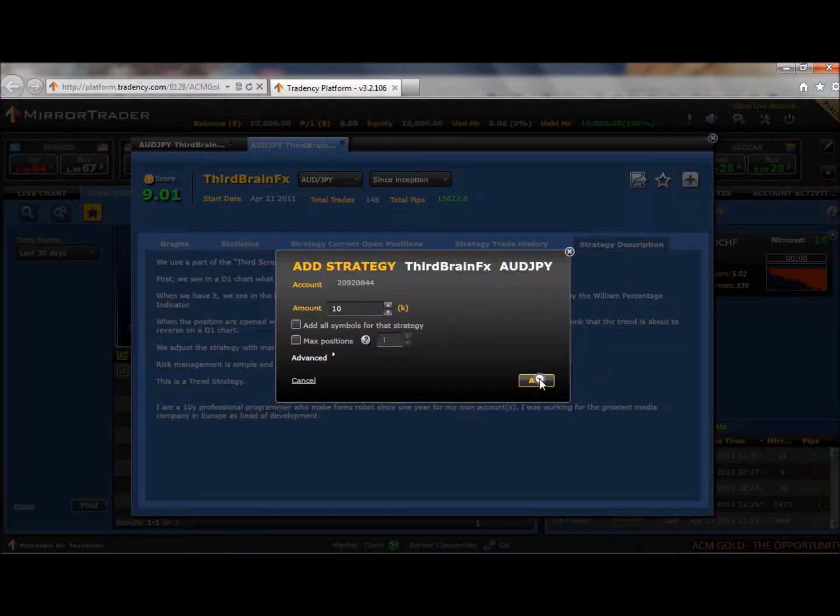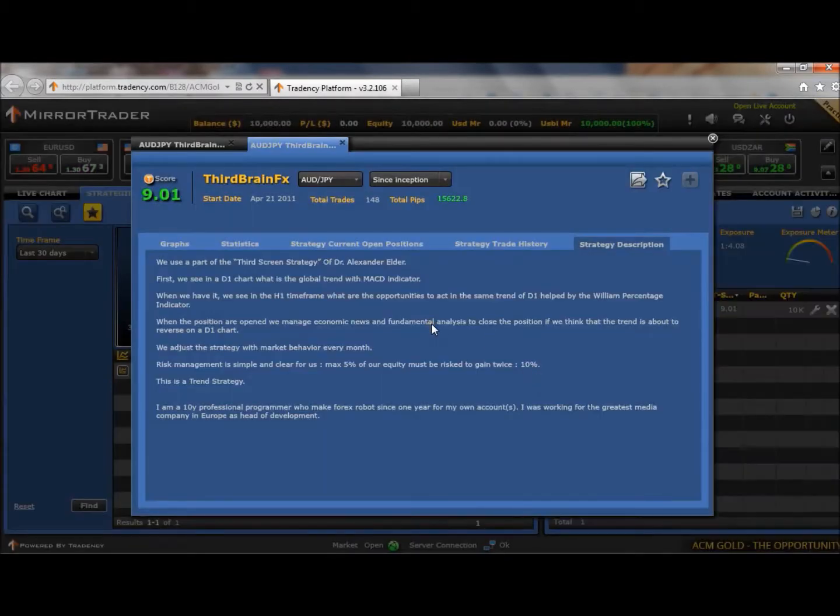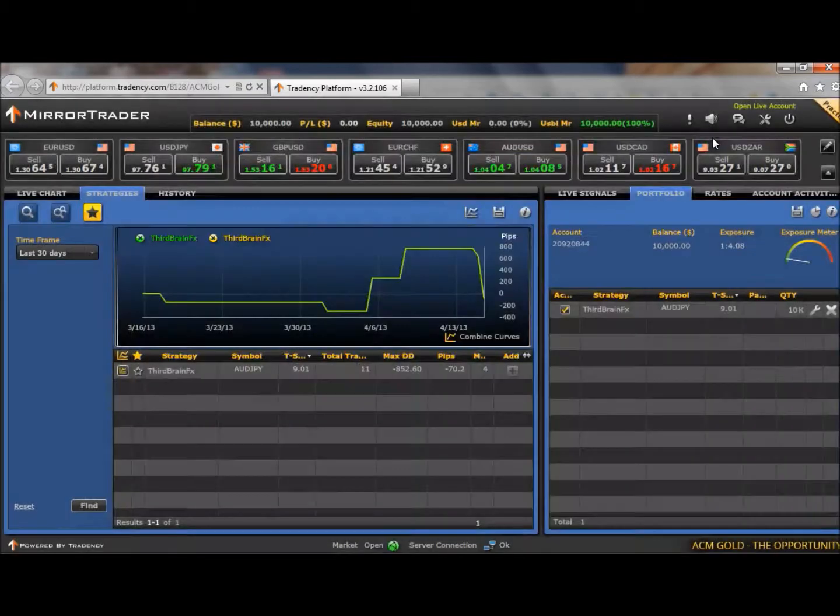I don't even change the amount, because what it will do is it will automatically put it at the lowest amount possible. Alright, when I close this window, you'll see here the trader is added. That means if this box over here is ticked, it means that I am actually following this guy. So if he were to open a trade right now, I would follow him for that amount.